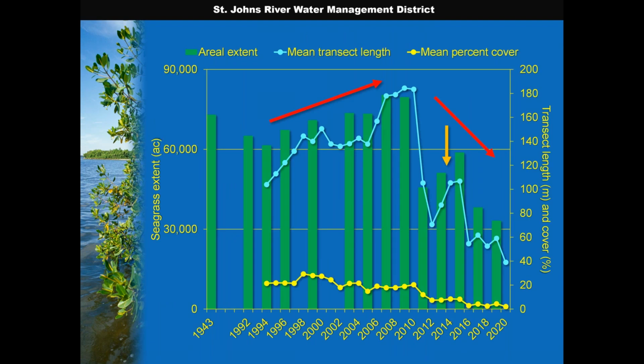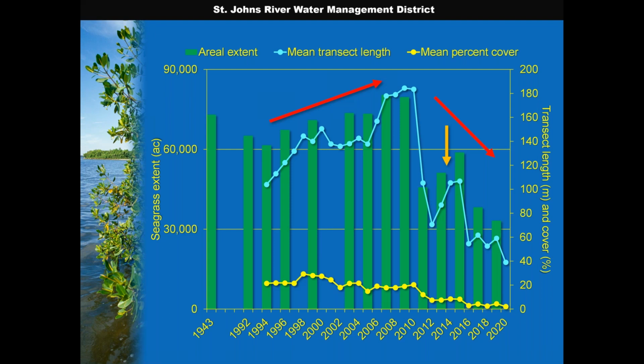So that's, again, just a little more detail, sort of changed around that 2011 mark. Here again, you have the aerial extent, the transect length in meters this time, and also the yellow is the percent cover on the right-hand axis. So we had increasing transect length and acreage. Then we had the drop with 2011. We had that uptick, which is the orange arrow, and then the drop ever since.